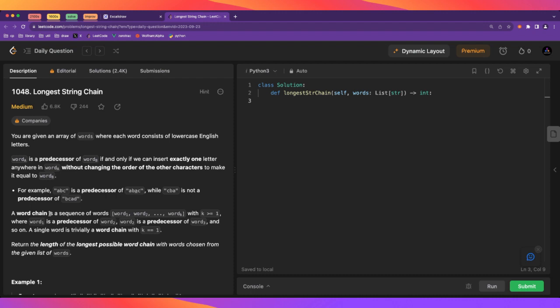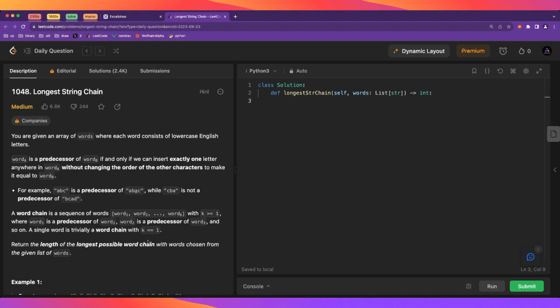And then it defines what a word chain is. It's a sequence of words 1, 2, up to K here, which is not empty, where each consecutive pair of words, so word 1 is a predecessor of word 2, word 2 is a predecessor of word 3, and so on. A single word is trivially a word chain of size 1.